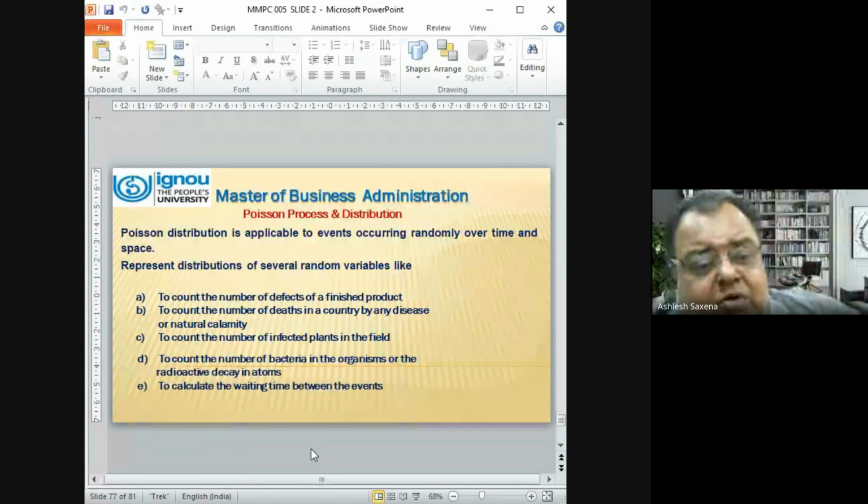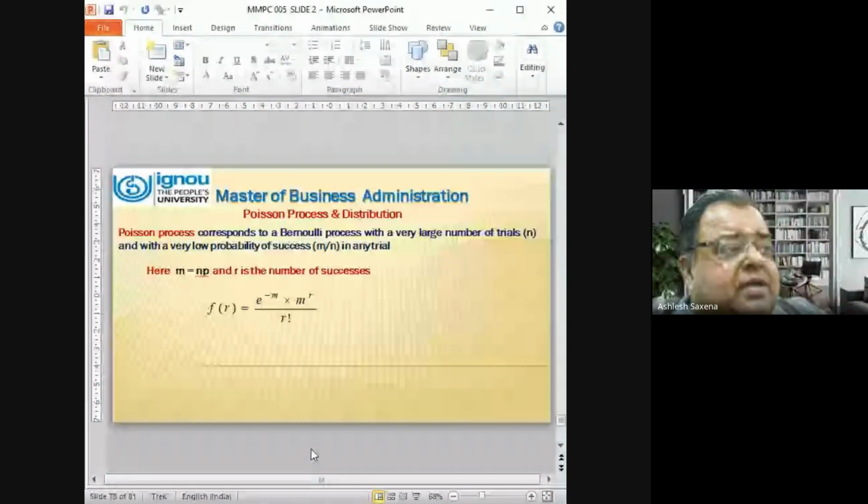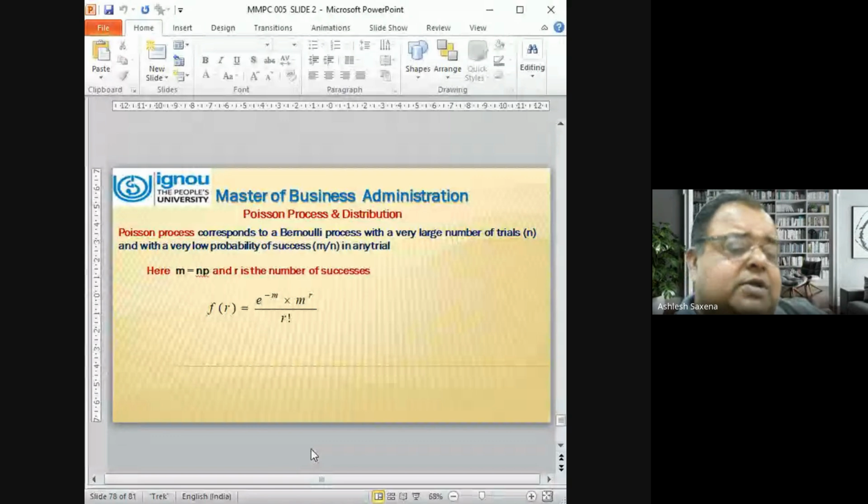These are the conditions where normally we apply Poisson distribution. Now the question arises: how will we calculate the probability of an event in a Poisson distribution?